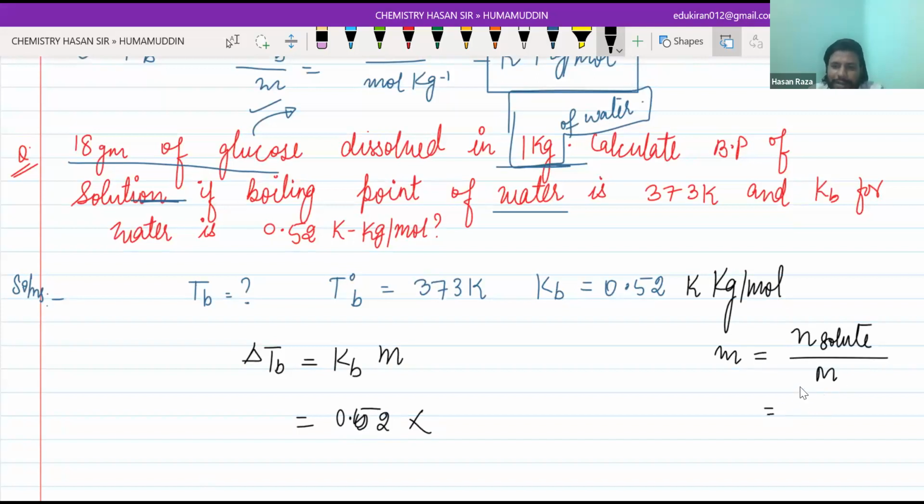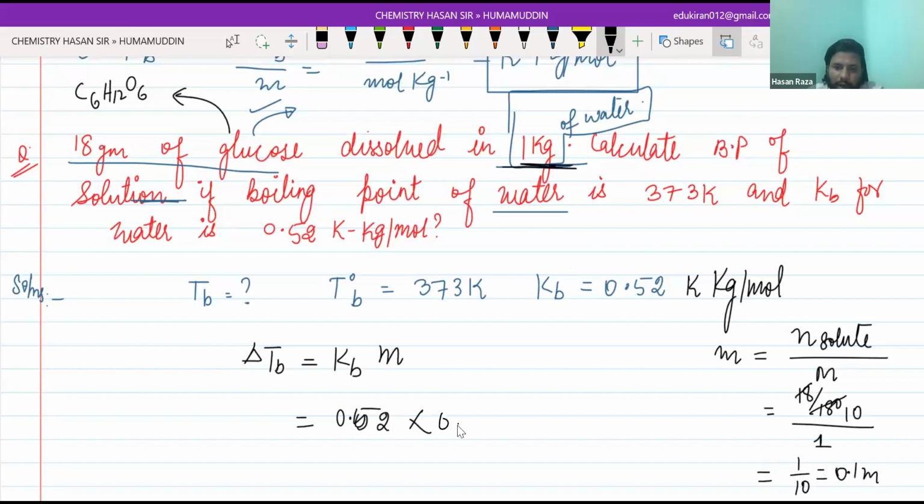The number of moles of solute is given mass, 18 gram, upon molar mass, 180 gram. Glucose has the formula C6H12O6 and a molar mass of 180. The mass of solvent is 1 kg. So you can easily calculate the value: 1 by 10 m, or you can write 0.1 m.